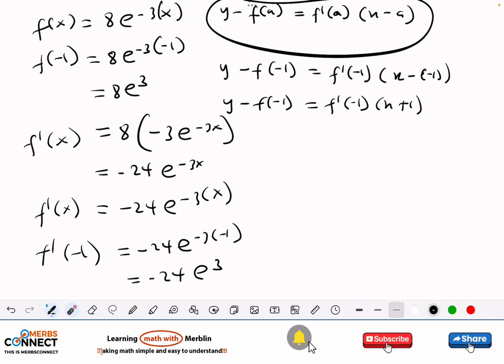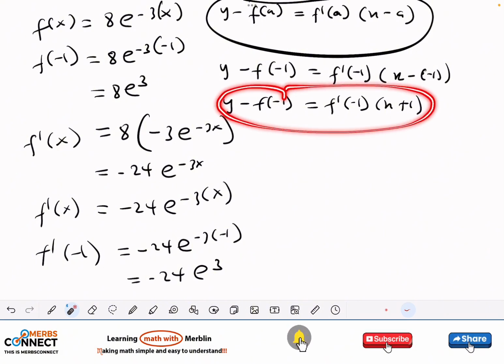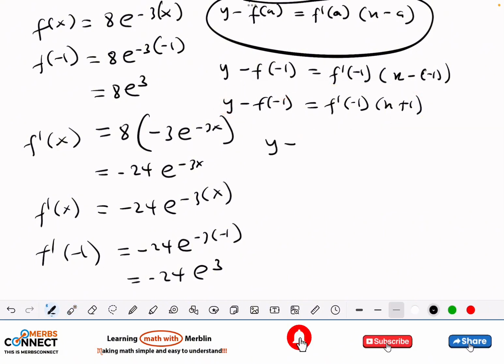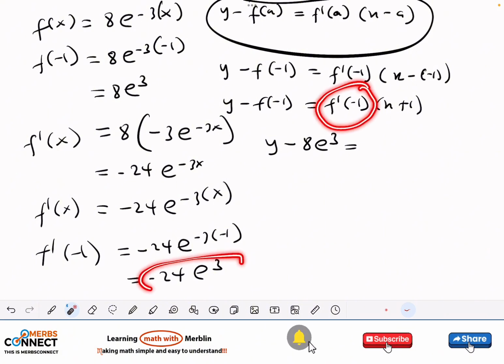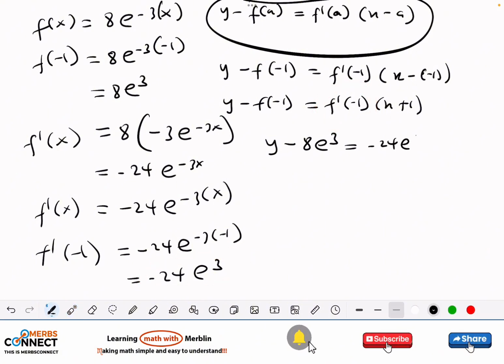So from here, this will be y minus f of -1, which is -8 e to the power 3, is equal to f prime of -1, which is -24 e to the power 3, times x plus 1.